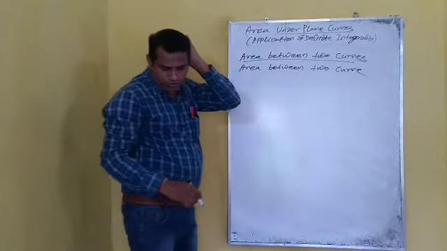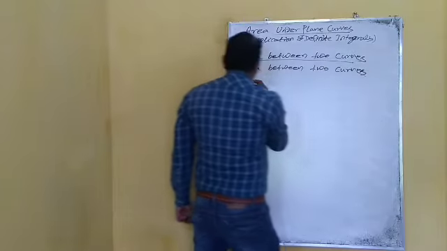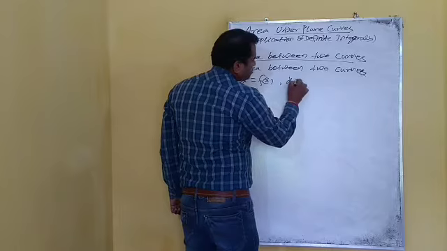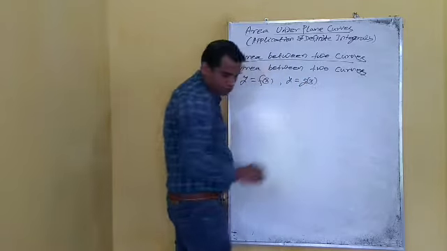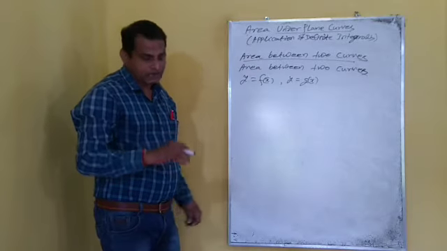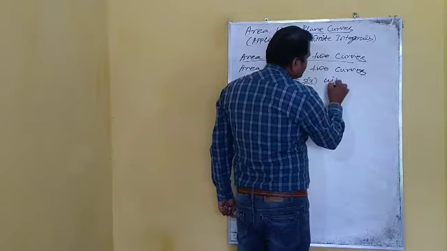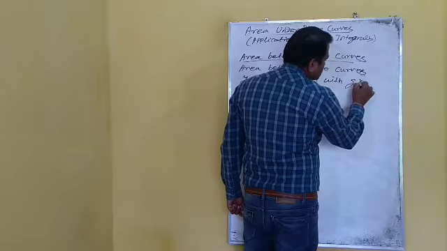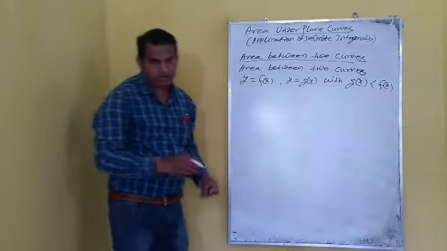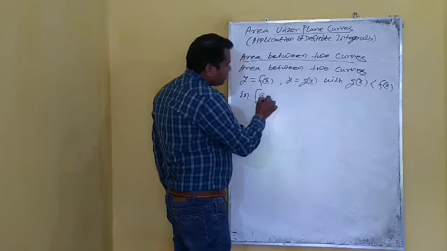Area between two curves y is equal to f of x and y is equal to g of x, where g of x is less than f of x in the closed interval AB.